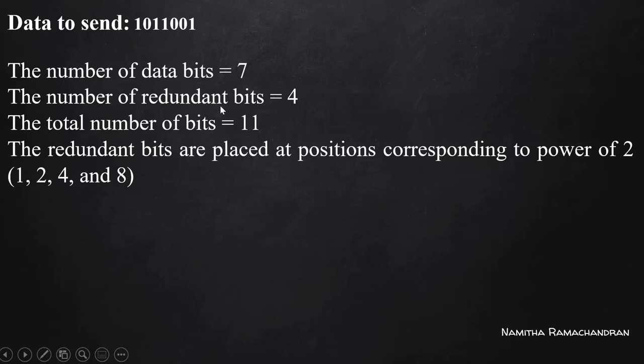So the number of redundant bits required is equal to 4. So the total size of the data to be sent now is 7 plus 4, 11. Total number of bits to be transmitted: 7 data bits with 4 parity bits, total 11 bits. The redundant bits are placed at positions corresponding to powers of 2.